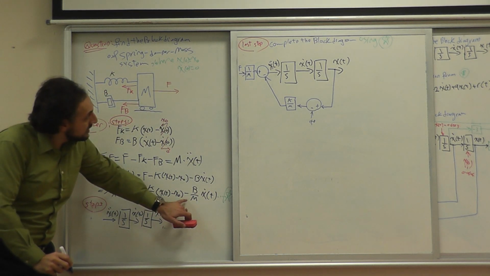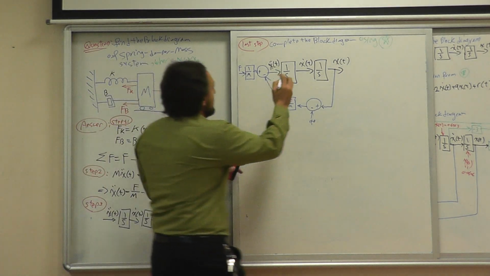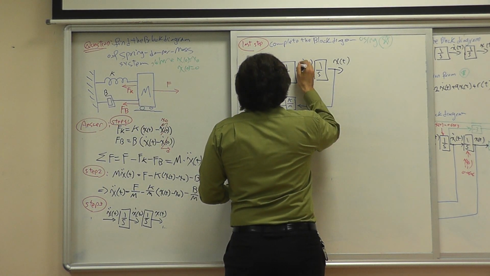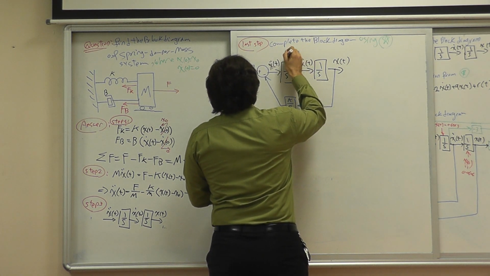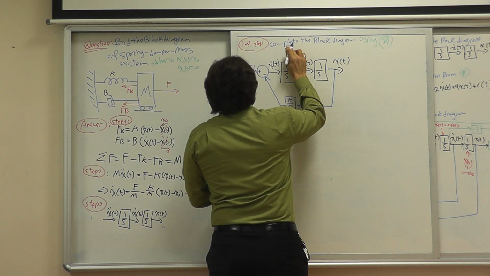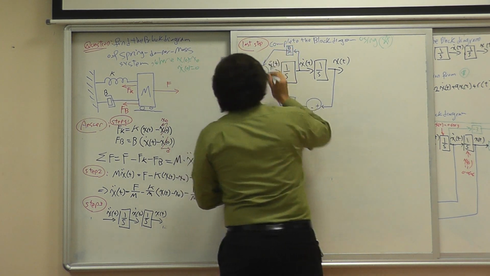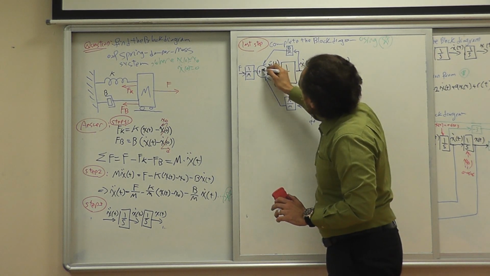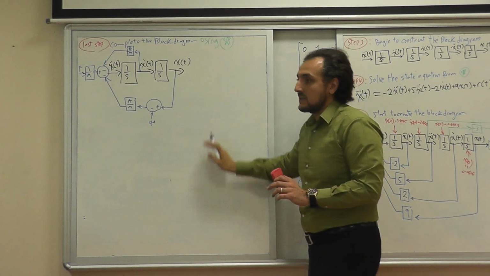Finally, this one. I will go from this side. x dot, so b over m, and then I enter as minus, again minus. This is my last loop.